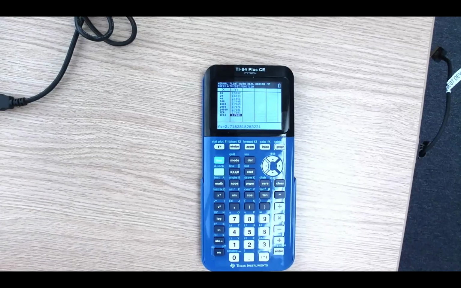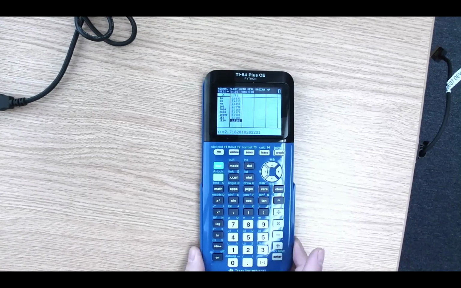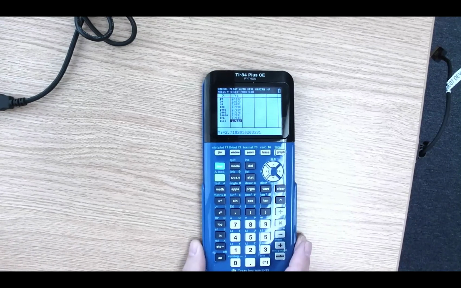Things that are growing all the time or decaying all the time, e is an important number. And it's definitely not as intuitive as something like pi, which is just a ratio of circumference to diameter of any circle. But this is used heavily in mathematics and sciences. So our goal today is to get used to it and to explore it a little bit.